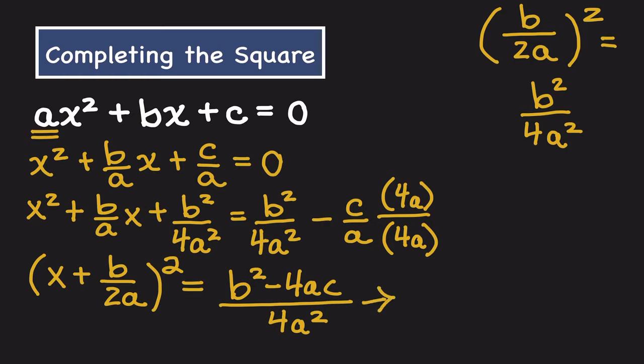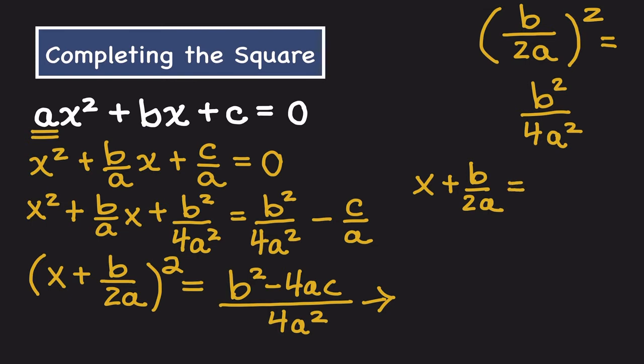We're now going to, sorry, I'm running out of room here a little bit. We're now going to take the square root of both sides. So I'm just going to remove this real quickly so I have a little bit more room to work. We're now going to have x plus b over 2a. That's me taking the square root of the left side, equals the square root of the right side.